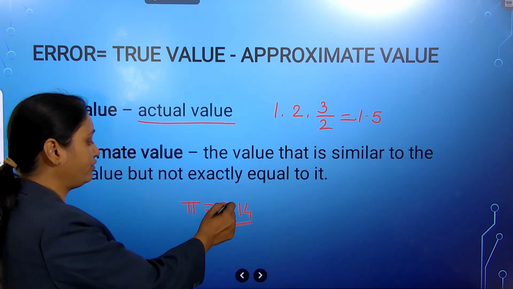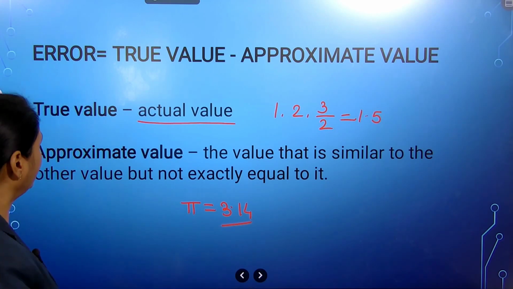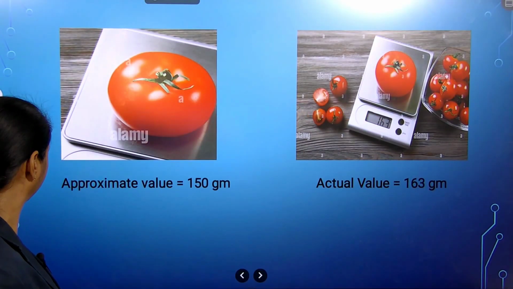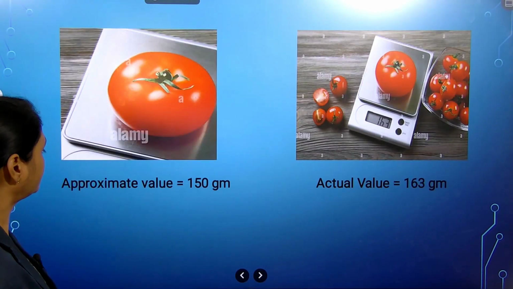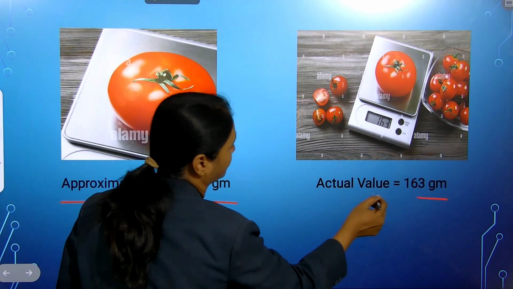We have rounded it off to 3.14. So let us see this approximate value and this is the actual value.